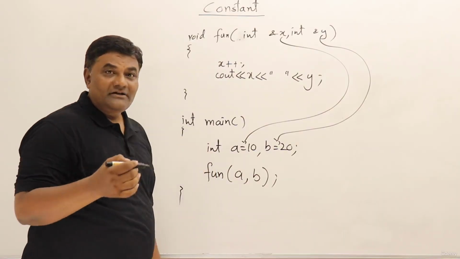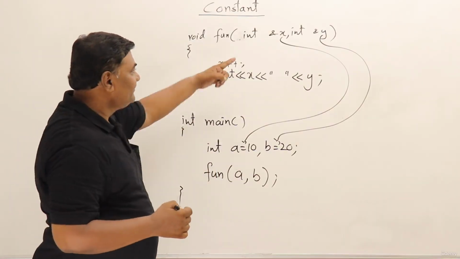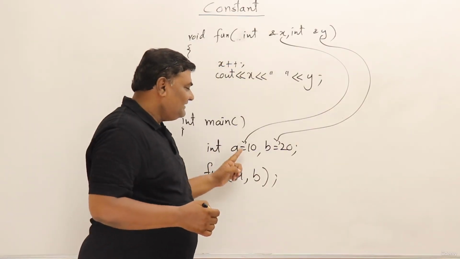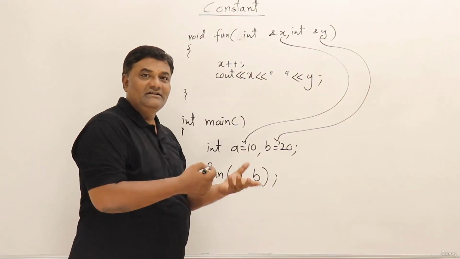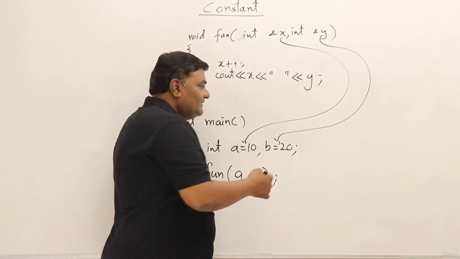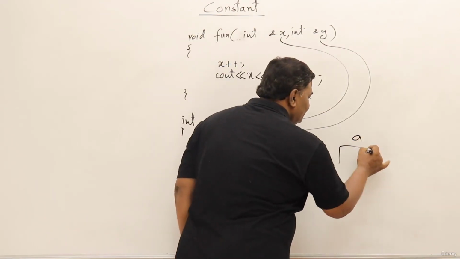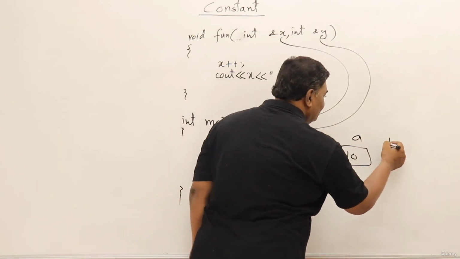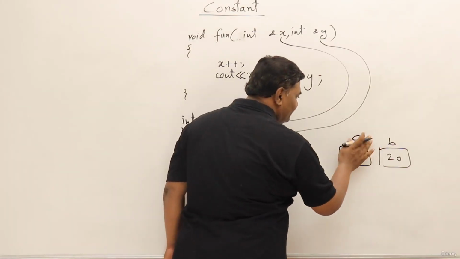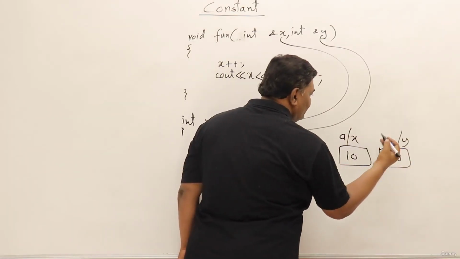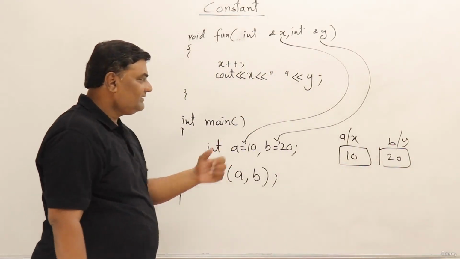Already you know about call by reference. In call by reference, those are nothing but aliases, another name or nickname for the variable. X means this a only. So inside the memory, this is 10 and this is 20, and that x is nothing but this a only, and this y is nothing but that b only.